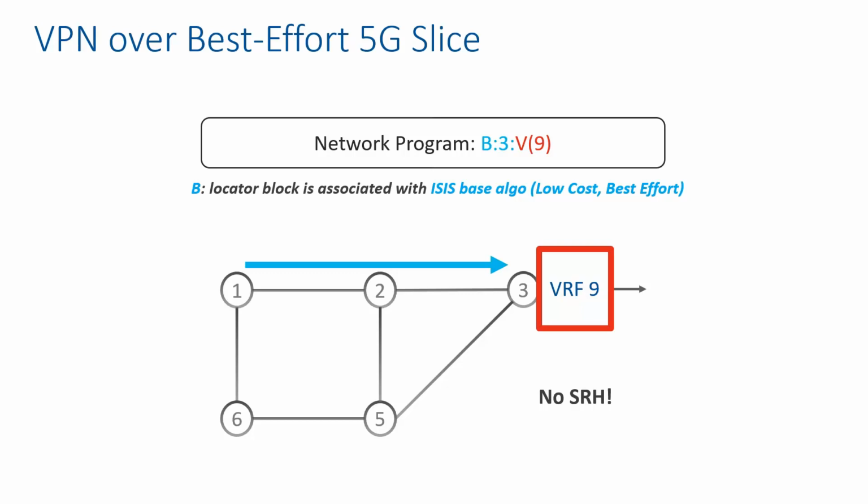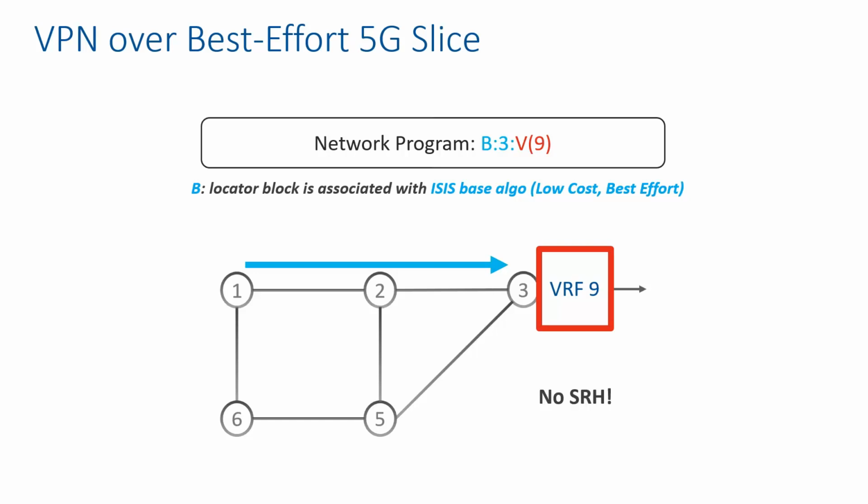And let's imagine that we have allocated B3/64 for the locator of node 3. So node 3 in ISIS is saying, hey, B3/64 is me. So within the network, everybody is computing a best effort shortest path to node 3 for any packet that is destined to B3/64.